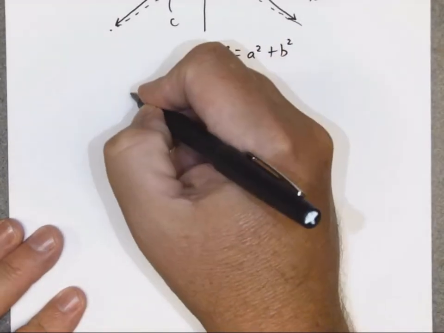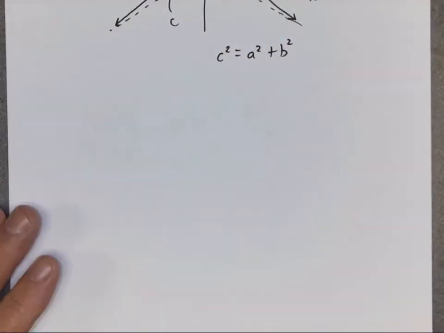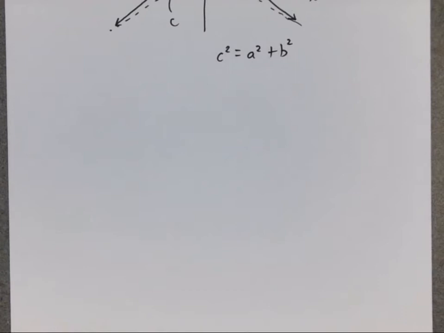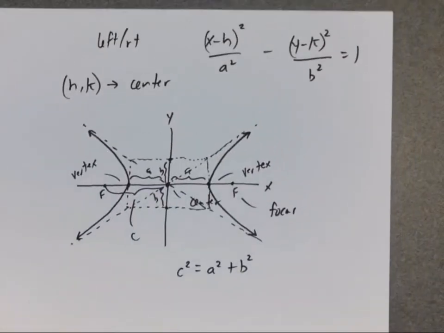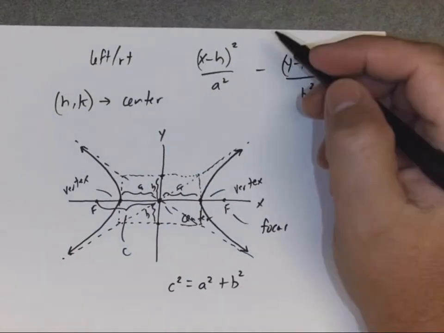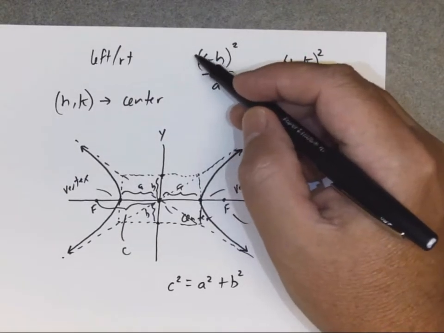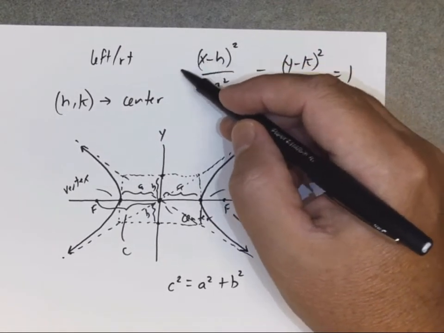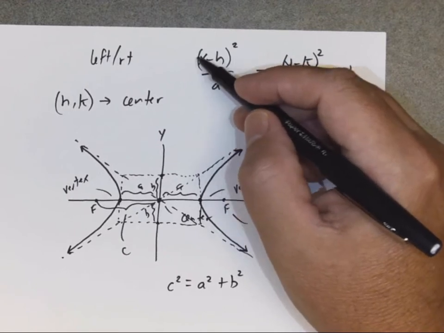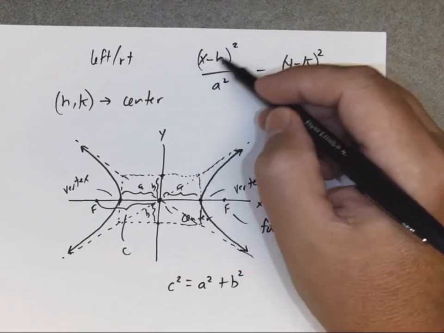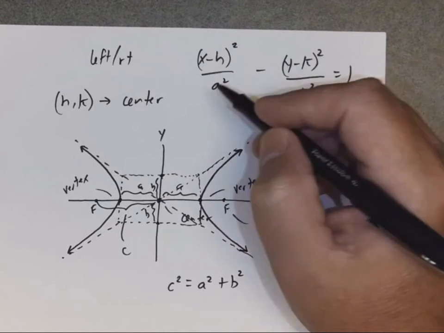So let's say you're given, okay, and let me point out one thing. With these equations, just like an ellipse, the standard equation, you notice there can be no number or coefficient in front of either this x term or the y term.